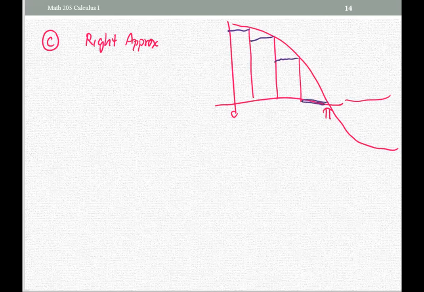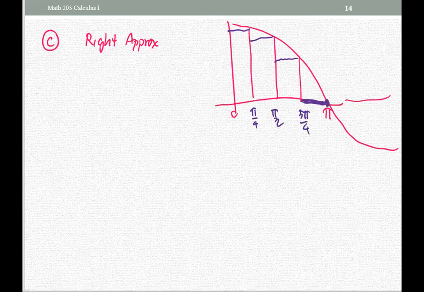The last one is special because the height here is 0. So at the points 0, pi over 4, pi over 2, 3 pi over 4, and pi.